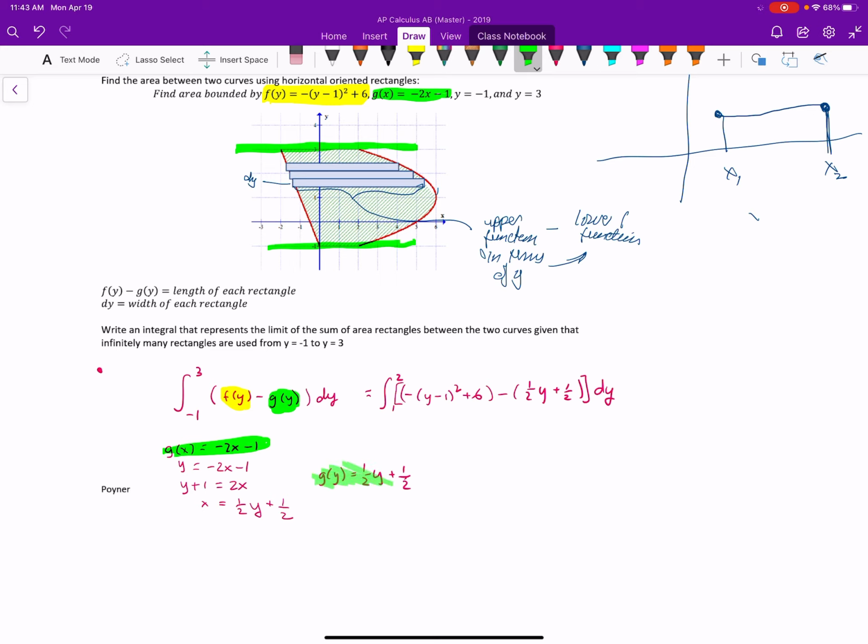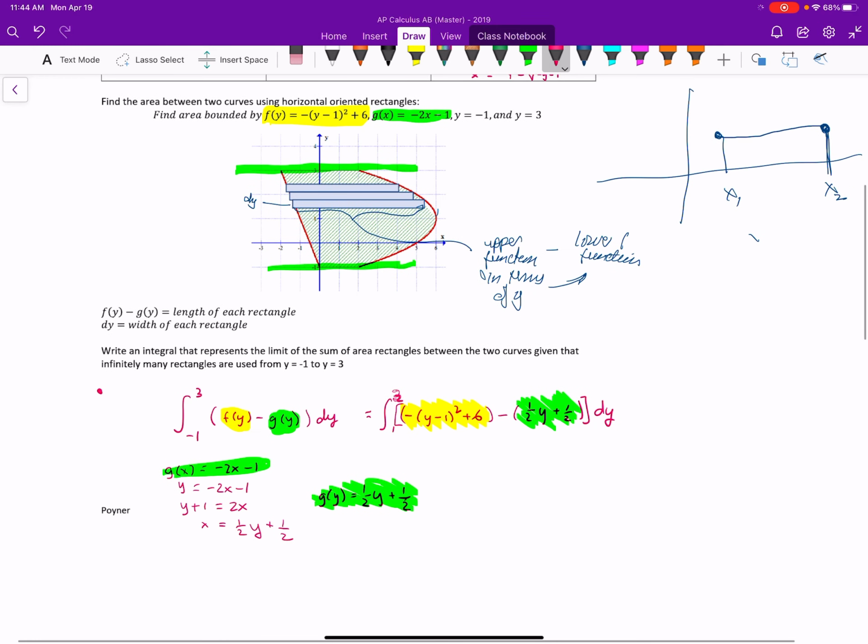That's how I'm going to get my g of y. So my g of y is right here, and my f of y is right here, which was the upper function. And my boundaries were from -2 to, I wrote 2 there by mistake. It's supposed to be a 3. Whoops. It's supposed to be a 3 here. Like that.